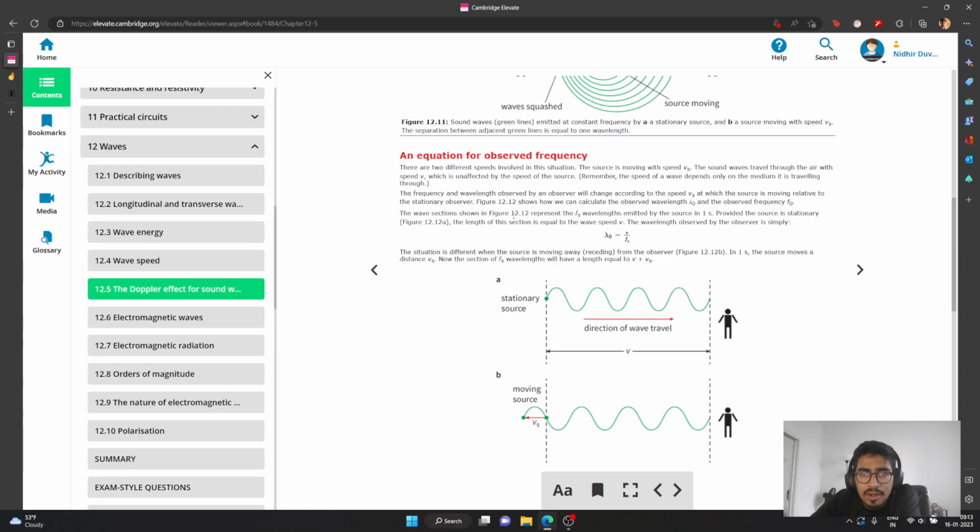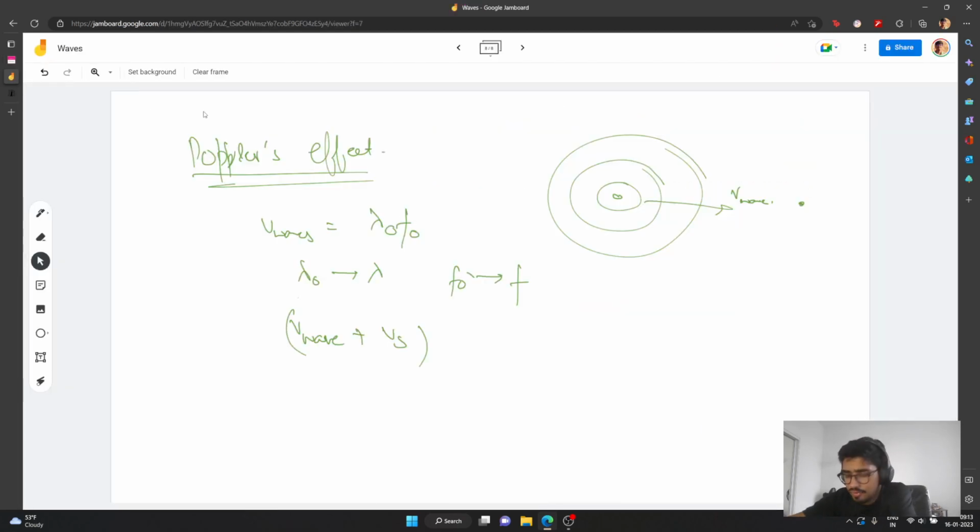It's saying that Fs is the frequency of the source. Then the velocity of the wave divided by F naught gives the new wavelength, lambda nu.